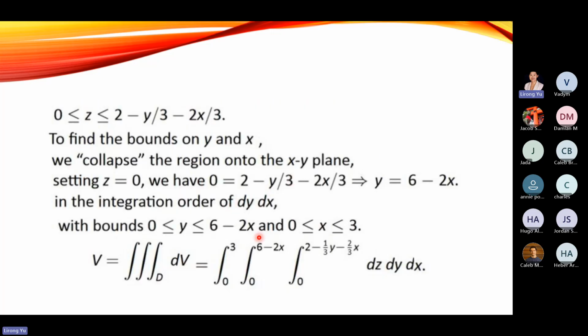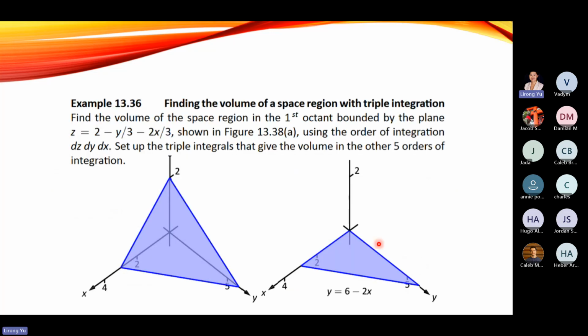And then going further, this is our z. The next thing is we want to find the boundary for y and for x. We should identify the x first because x has a numerical boundary. It's not too hard to tell. From this, you can see x is from 0 to 3.